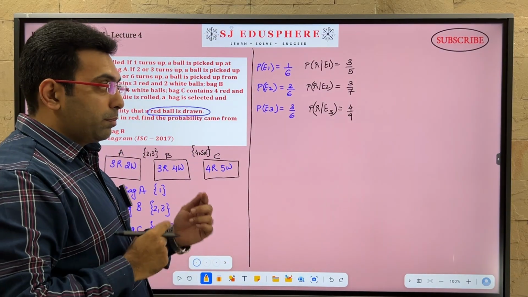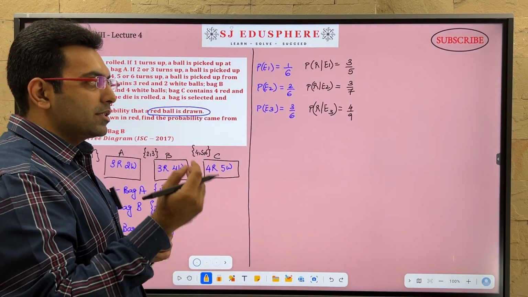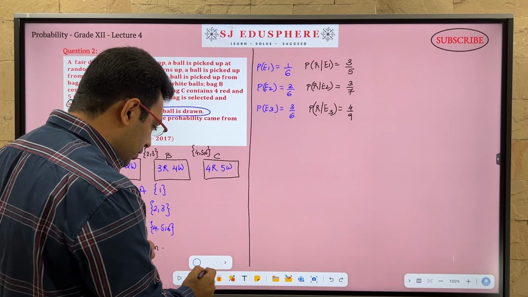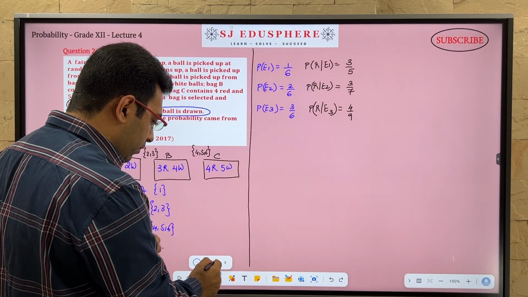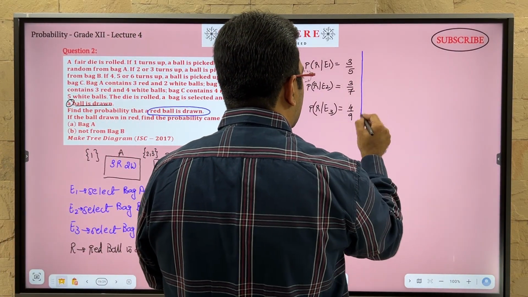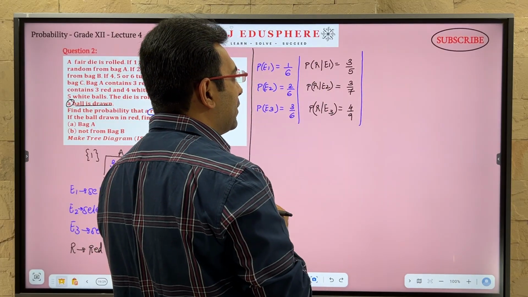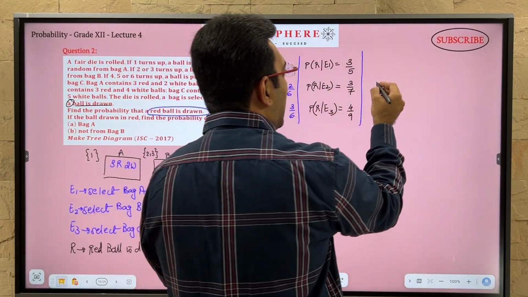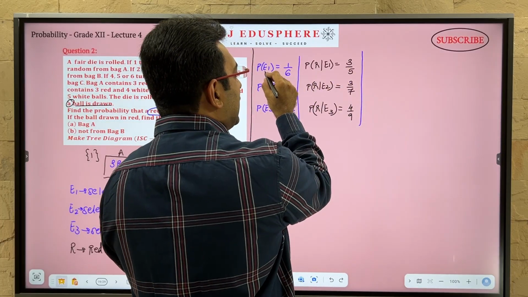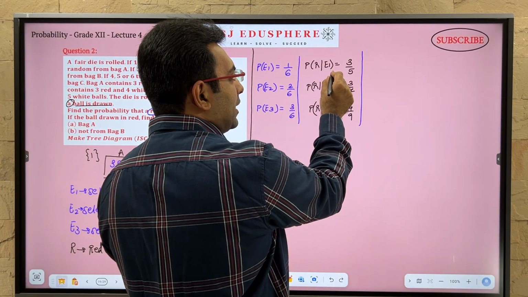Now, if you know the process, we multiply these answers and we add them up. So, what do I have over here now? When I multiply them, I will have probability E1 into R given E1.